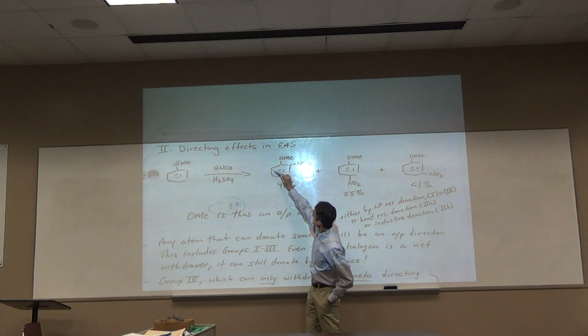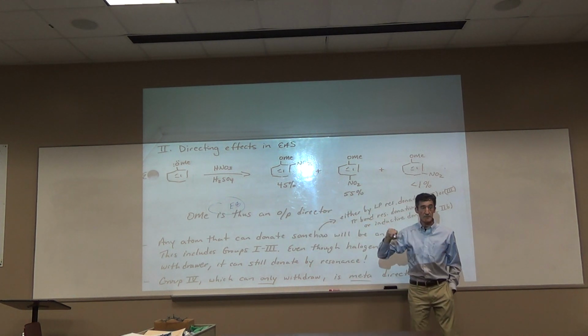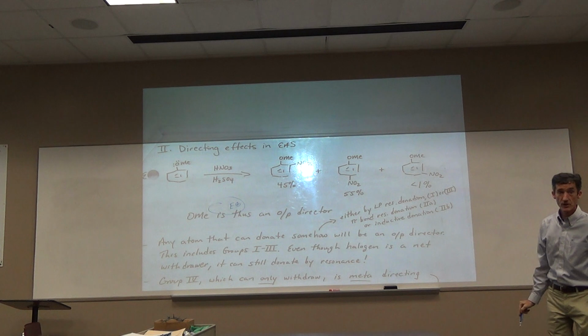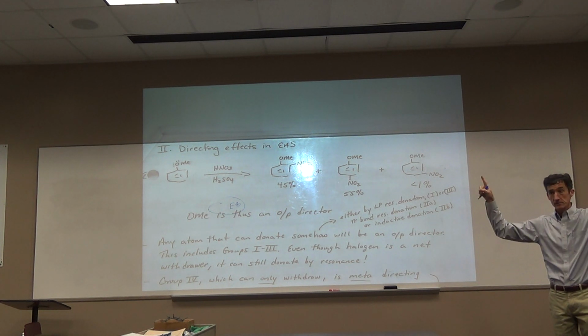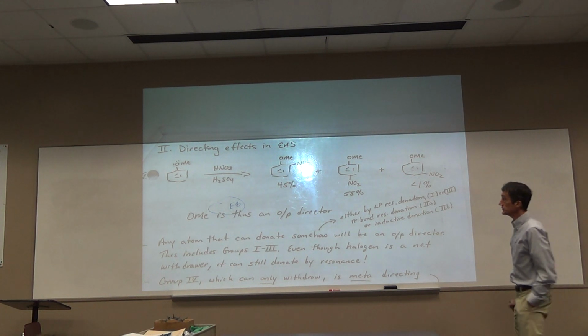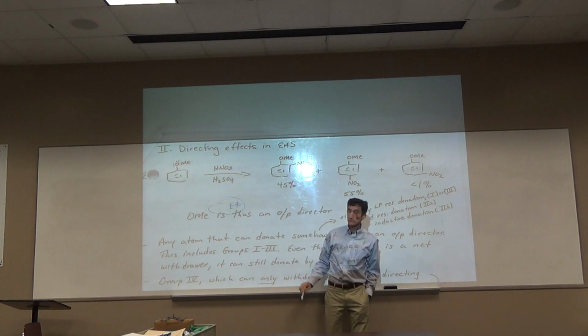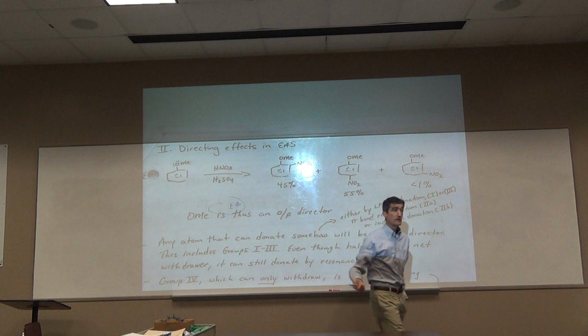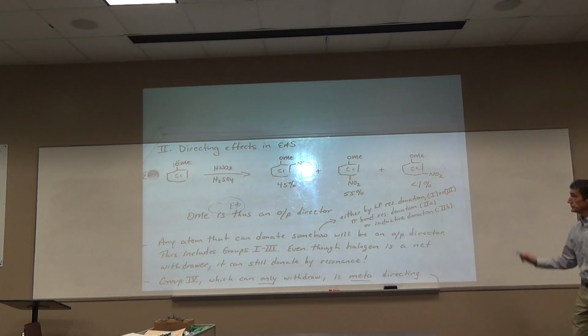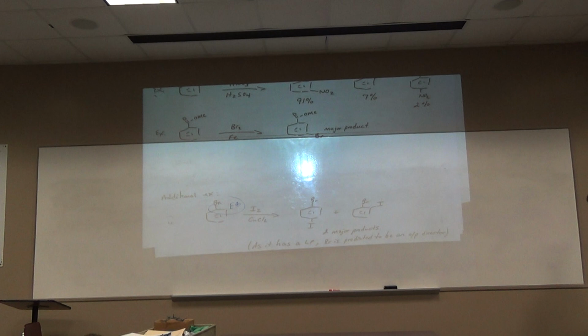So you can say you got like 22% at each site. But at this site, you got 55%. There's only one para carbon. There's two ortho carbons. If the reactivity was the same for all, shouldn't you get like twice as much as this? You got two carbons, right? I mean, if we had nitrated over there, it'd be the same product. So you kind of see that you're getting more para up there. But still, the ortho is going to be pretty substantial. We call it an ortho-para director.